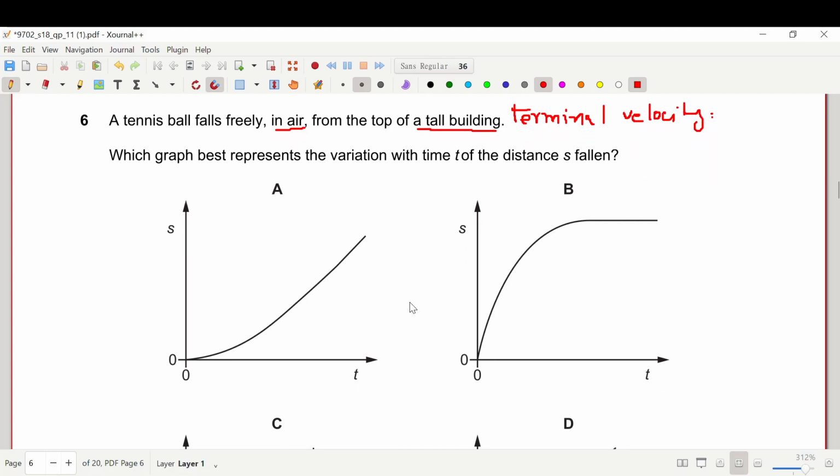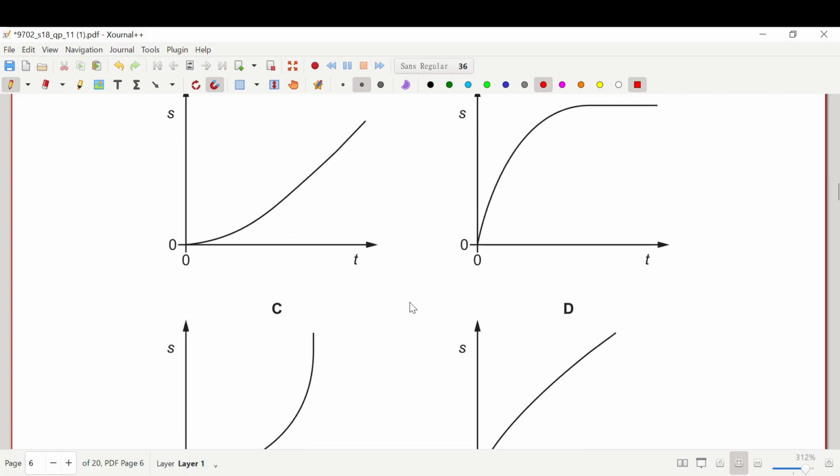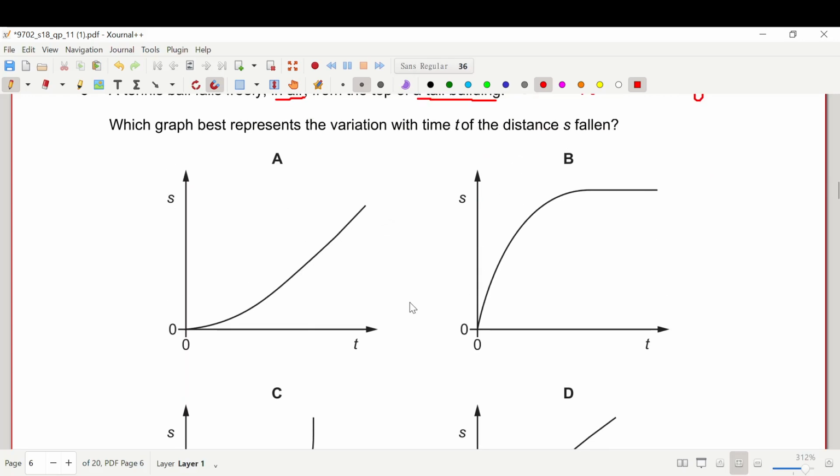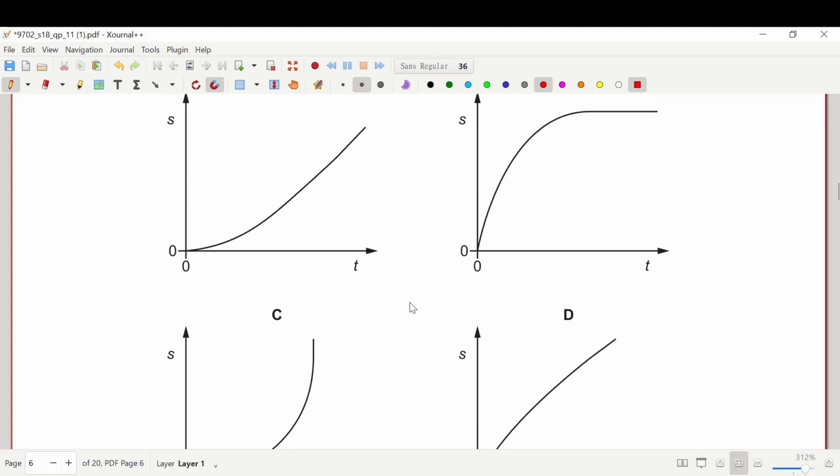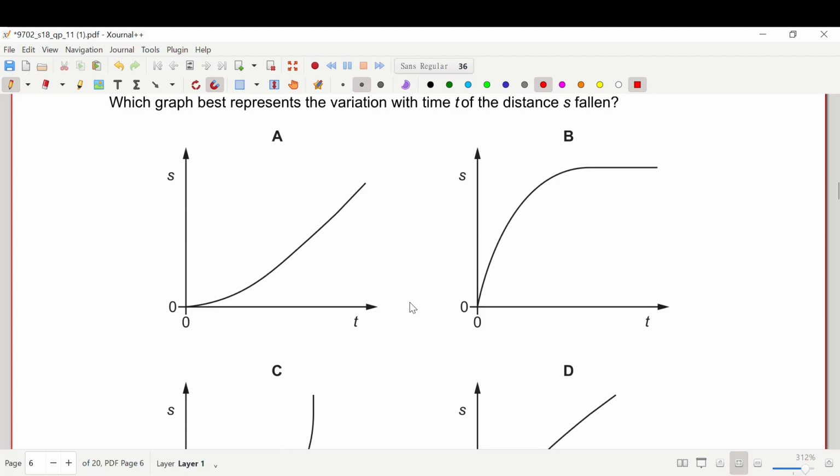When you achieve terminal velocity is basically a constant velocity. If you see the graph A, this portion from here to here, that shows a constant velocity. Okay.